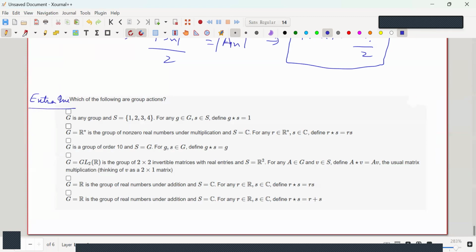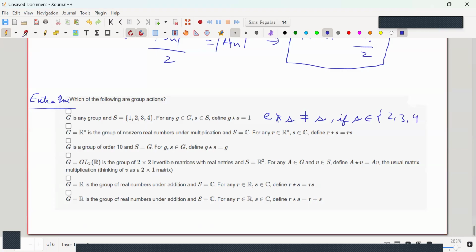So simply e star s is not equal to s if s belongs to 2, 3, or 4. Right? So this is not a group action.